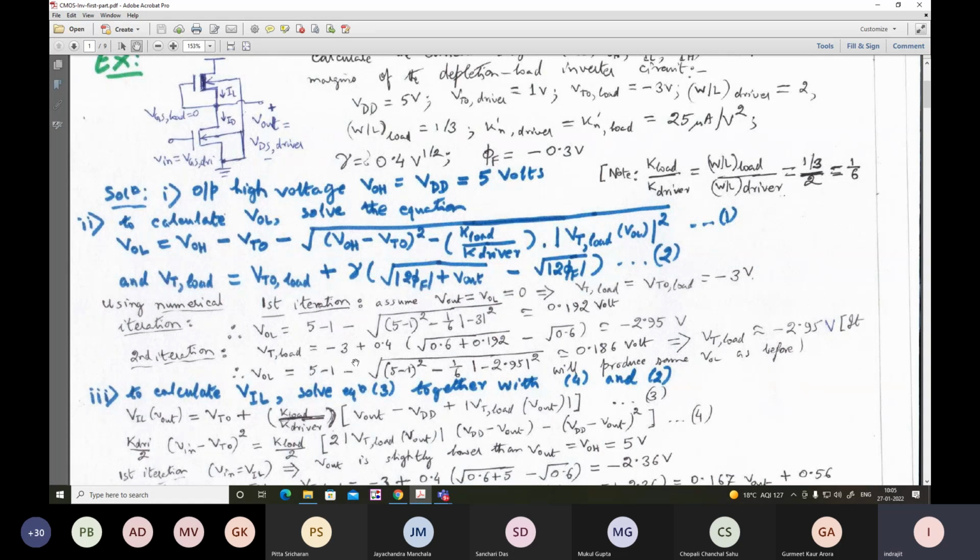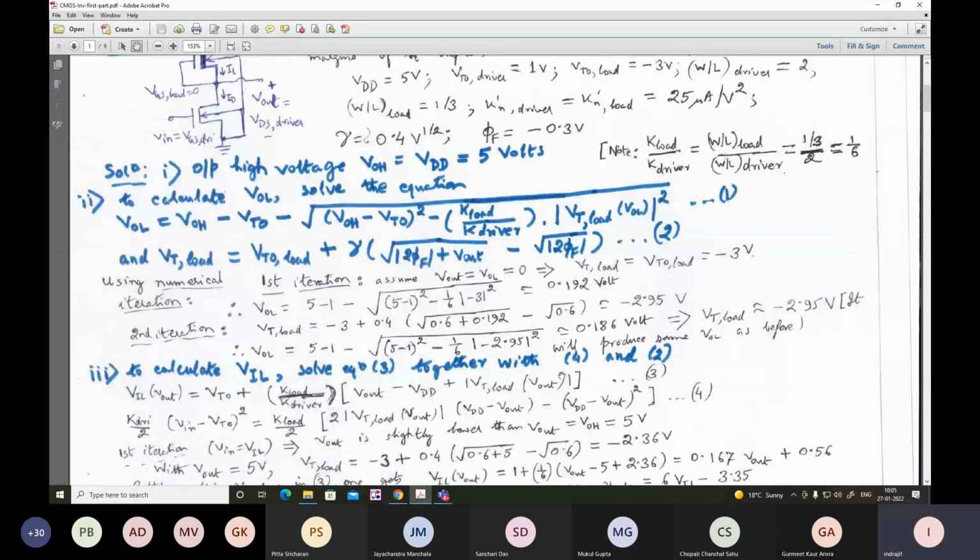Putting this value of VT load, we can recalculate VOL. We find it to be nearly 0.186 volt, and then VT load is found to be minus 2.95. So as the threshold voltage of the load device stabilizes at minus 2.95, we can take it as the final value, and so VOL remains 0.186 volt.